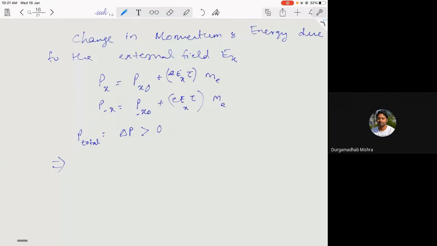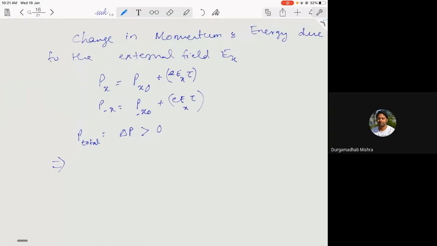This is force, acceleration times time, and the factor m is already there. Correct.